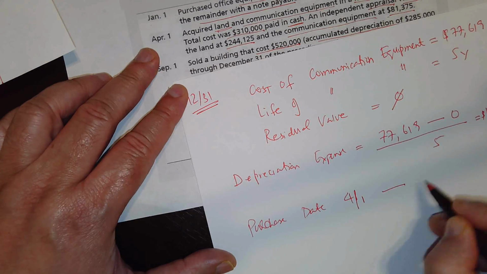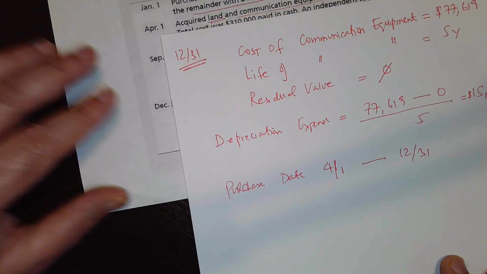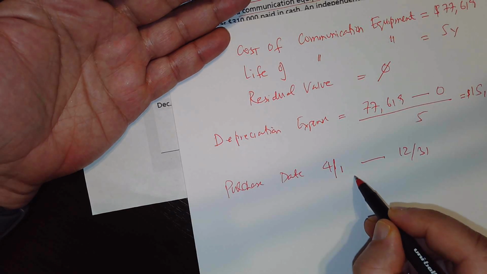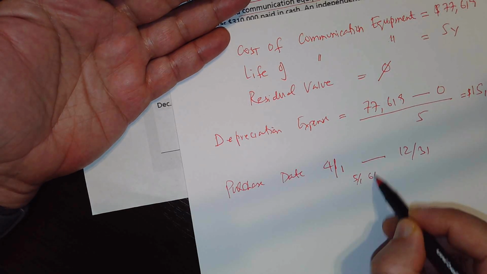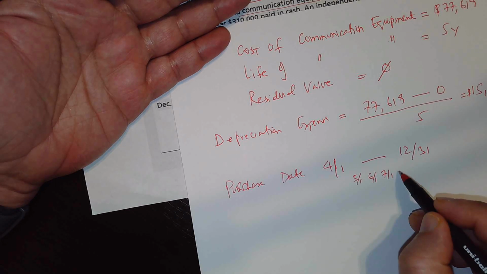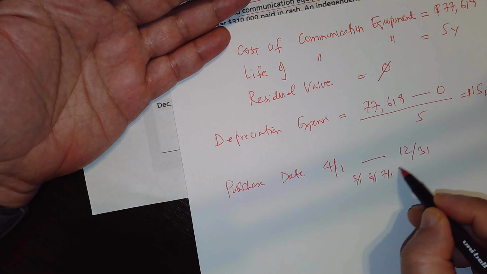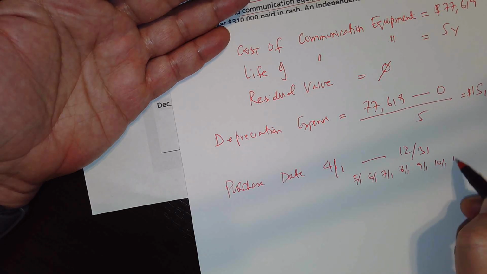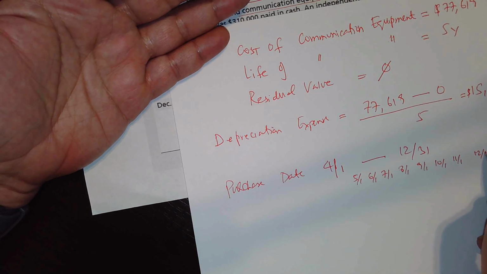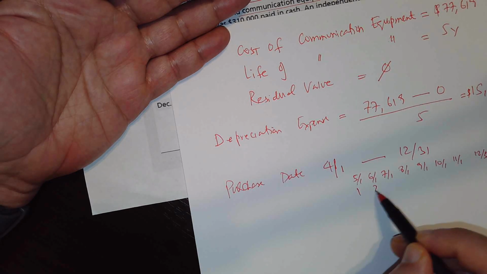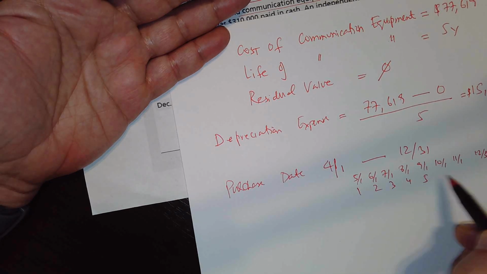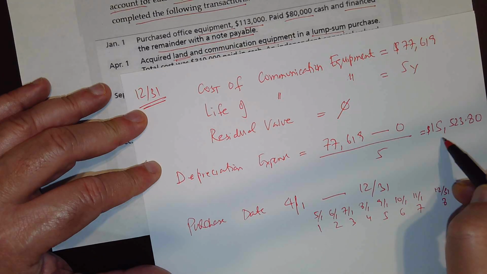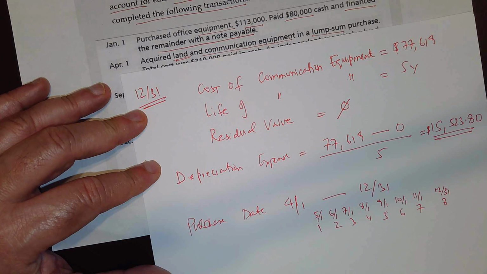And we are doing this on December 31st. So how many months have passed? April 1st to May 1st, June 1st, July 1st, August, September, October, November, and December. So that means 1, 2, 3, 4, 5, 6, 7, 8. 8 months have passed. So this number represents the entire 12 months.